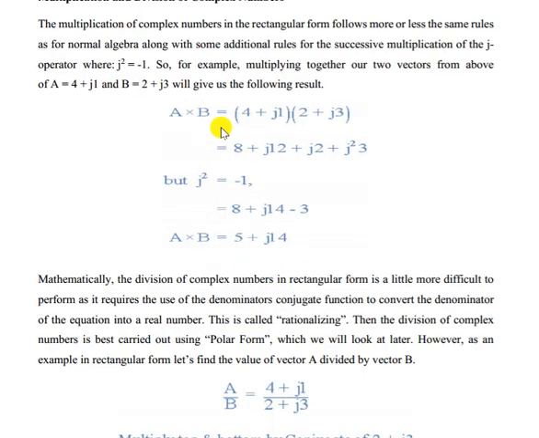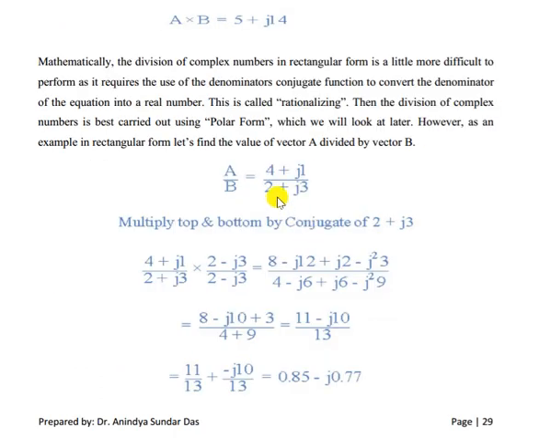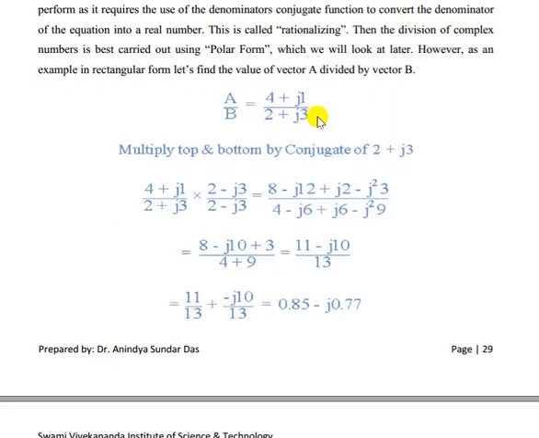Now multiplication also we can do. We can do using this concept again. 2 plus j1, 2 plus j2, we have to cross multiply, and we have to put the value of j square is minus 1, so we get the value. For division, we have to multiply the numerator and denominator with the complex conjugate of the denominator. 2 plus j3 is the complex number, its complex conjugate is 2 minus j3.